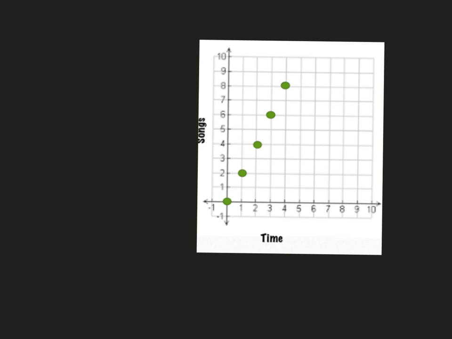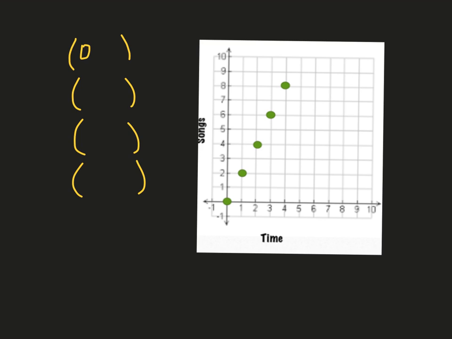Now, I think we just graphed it. I wanted to graph it just to prove to you that it does make a straight line, and it's very hard when you're trying to use Google Slides or PowerPoint or whatever. But the ordered pairs, if you wanted to graph this to see if it was a linear relationship, you know that X goes first.